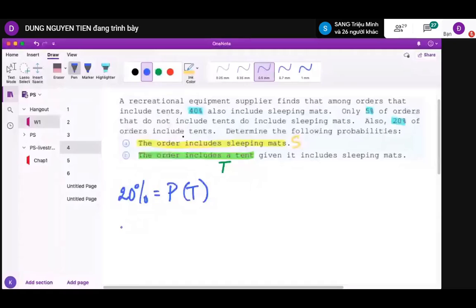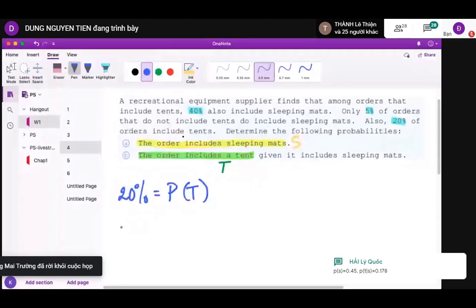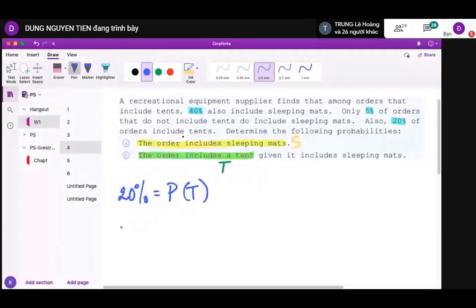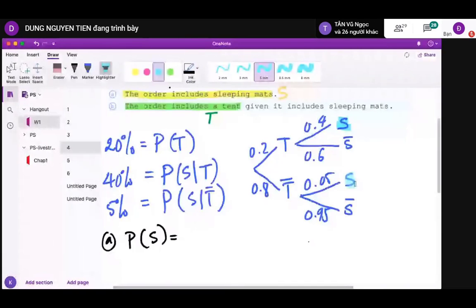Question A: you want to find the probability of S. You have two branches with S, so you want to find the probability that you observe S. The first scenario occurs with probability 0.4 times 0.2, and for the second scenario, you get 0.05 times 0.8. That makes sense?